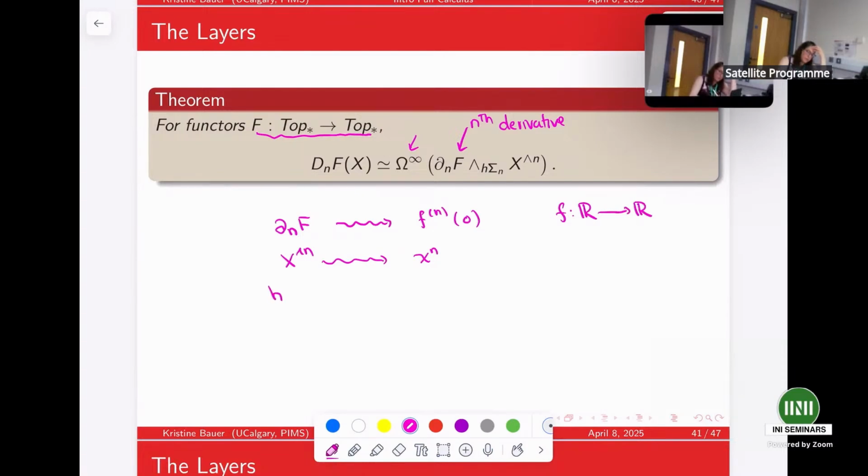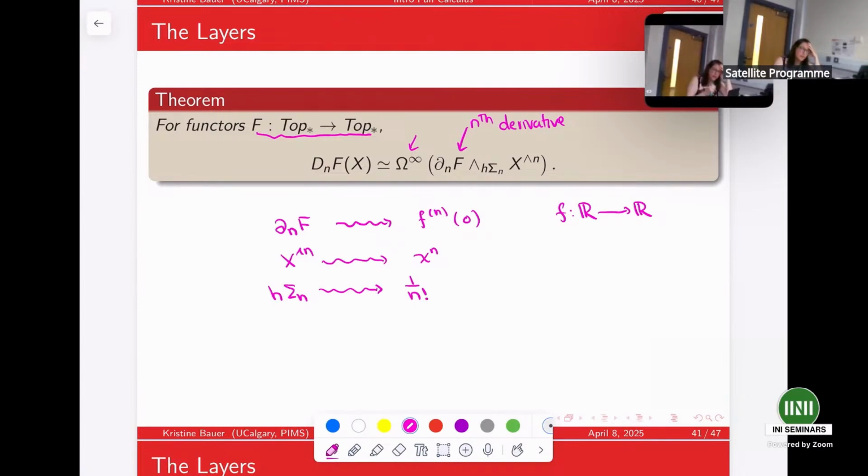My homotopy orbits, well, that's supposed to be something like dividing by n factorial. Count up how many different ways there were of permuting my variables x when I take x to the n, and there were n factorial of those, and I divide it out by that. That is exactly because I'm taking some kind of homotopy orbit action.